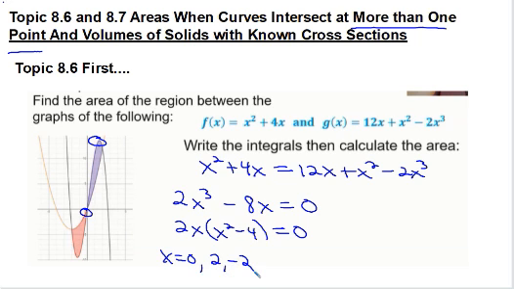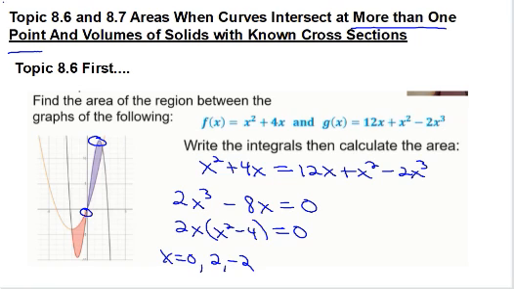So what we have to do is set up several integrals. All right. We need an integral from negative 2 to 0. And if you look at our function here, when we're going from negative 2 to 0, we have to remember which function is which.